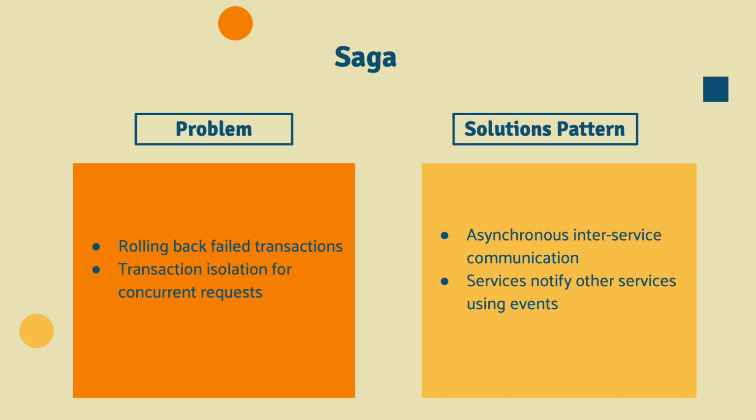Saga uses Event Bus to allow services to communicate with each other in a microservice system. What does this mean? It means that the bus sends and receives requests between services. We have a sender service and we have a receiver service. The sender service sends an event on the event bus, and the listening service listens for these events.